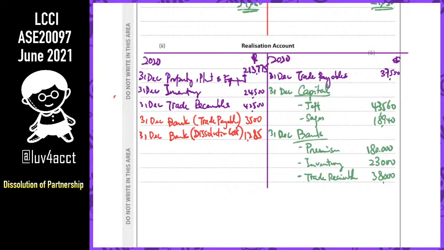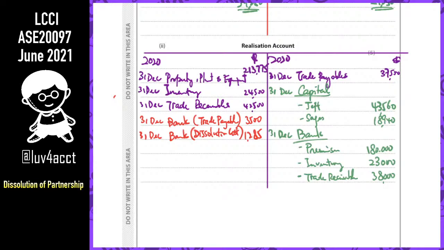The remaining part is we have to calculate the dissolution gain or loss. Usually it is a loss. Let us see if this is the case here. 213,775, 42,500, 35,000, 1,285. Let me calculate one more time.